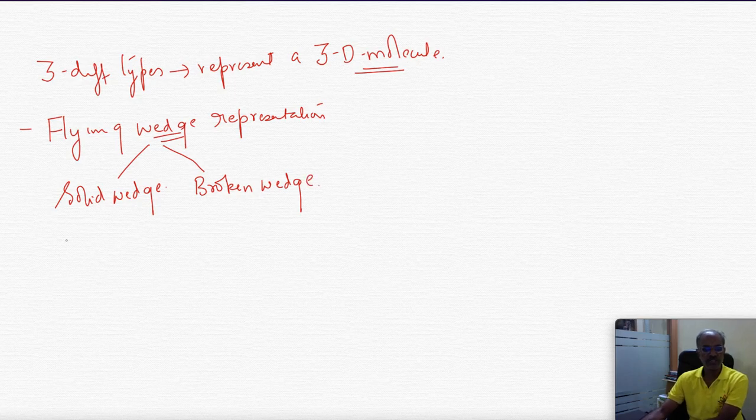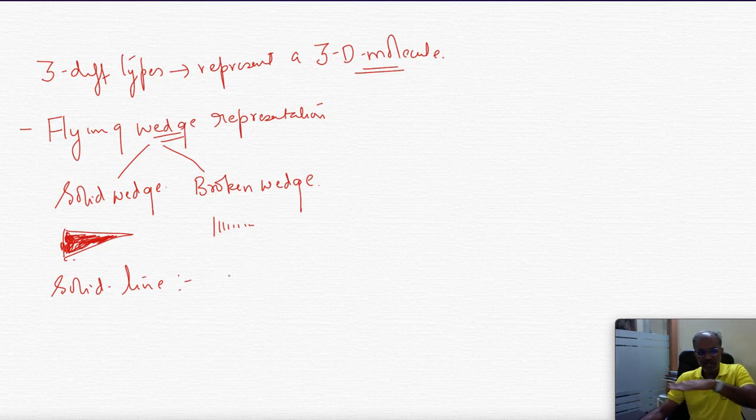What do you mean by a solid wedge? Solid wedges are nothing else but bonds which are indicated as solid. Broken means they are in a dotted form. Another type of bond is the solid line bond, which is a bond in the plane of paper.